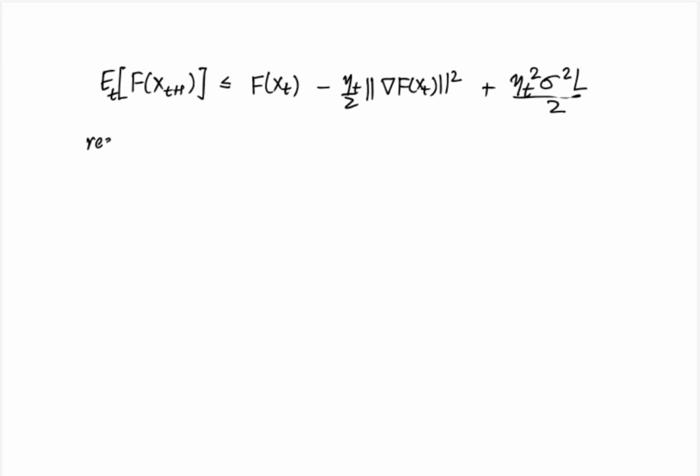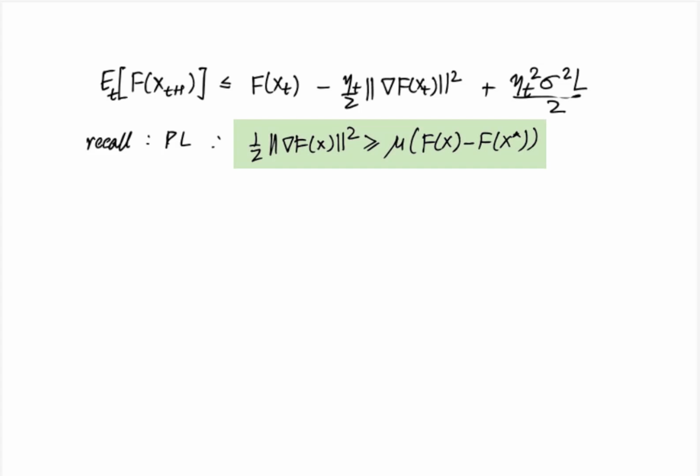Next, recall the PL inequality, which is the implication of the strong convexity of capital F, but may also be true otherwise, which says that half of norm square of gradient f of x is greater than or equal to mu times f of x minus f of x star.